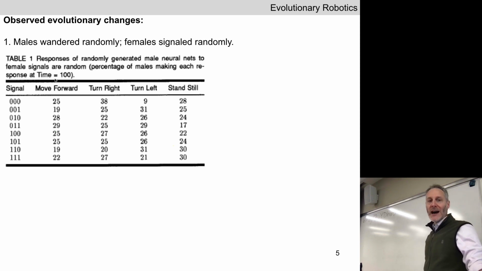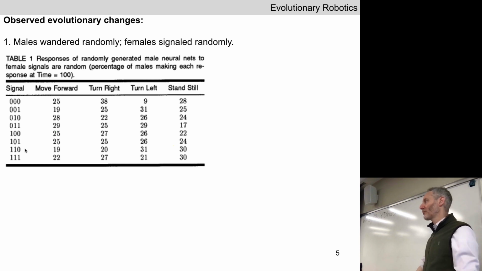So this snapshot is the state of the world after 100 time steps of the simulation. During those 100 time steps, they looked across all 800 females, and you can imagine, on average, those 800 females over those 100 time steps tended to emit these 8 songs with equal probability, right?